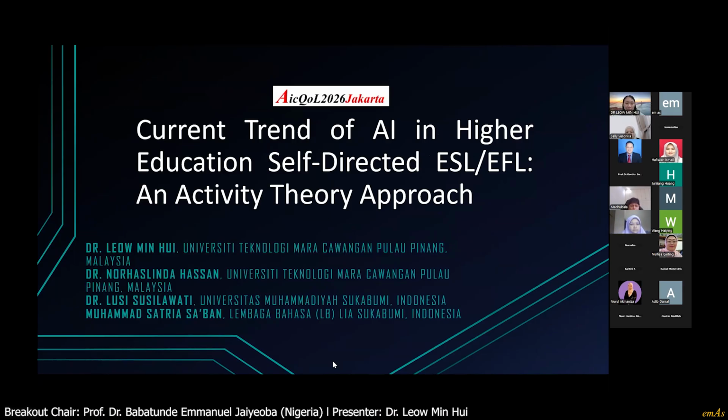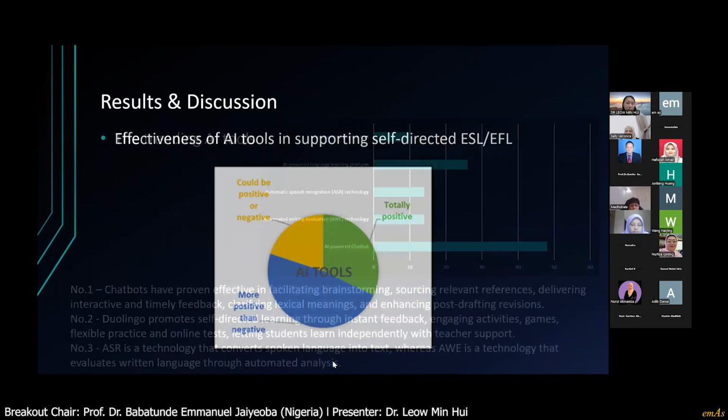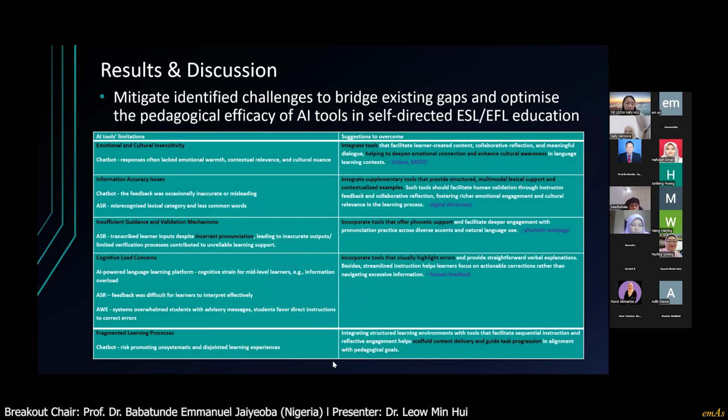But I would just like to ask, since you found out that the cultural angle is important in terms of the use of AI in higher education, what did you find in the literature towards integrating the cultural perspective into AI tools? Were there any particular significant findings in the literature?